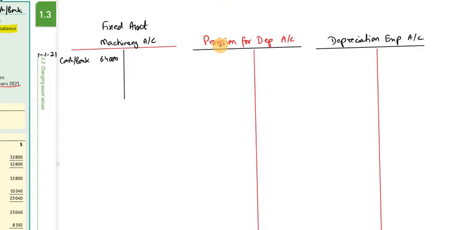So it's a contra asset account, where we show the decrease of the machinery account. The other name of the provision for depreciation account is accumulated depreciation.